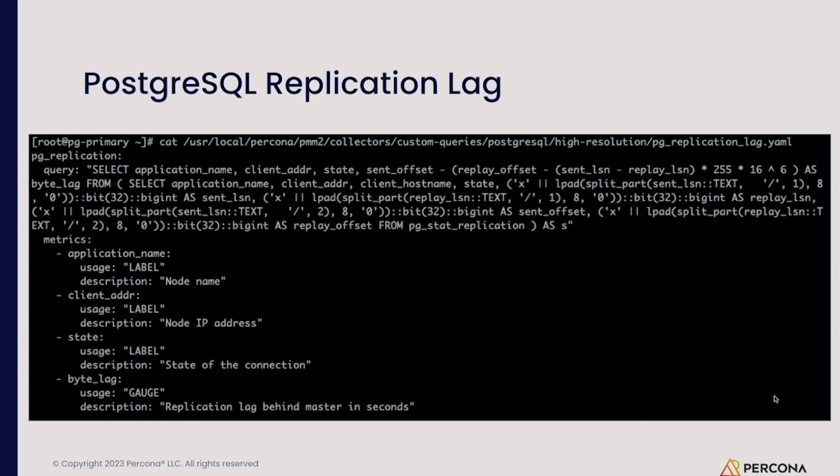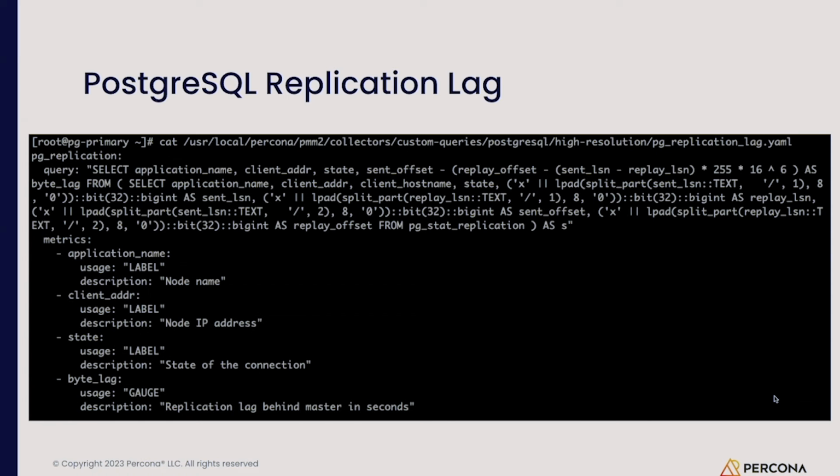Well, anyways, this will get you the replication lag that the replicas have in bytes, right? And it will also tell you the application name, which in our case in particular we are not going to use, and the client address, which we are going to use, and then the state and the byte lag, right?